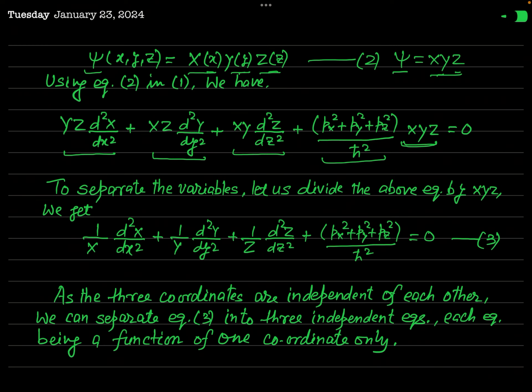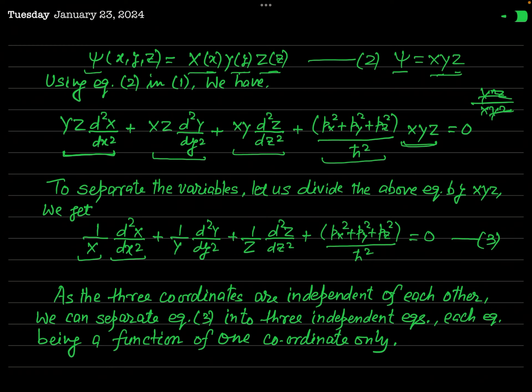When the first term is divided by XYZ, YZ cancels out and only 1 over X remains. So the first term becomes (1/X) d²X/dx².